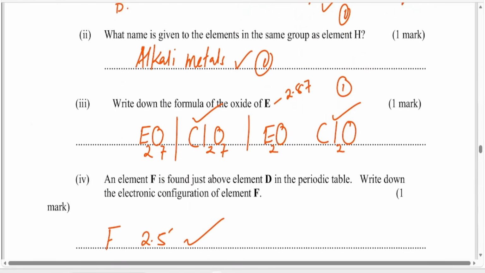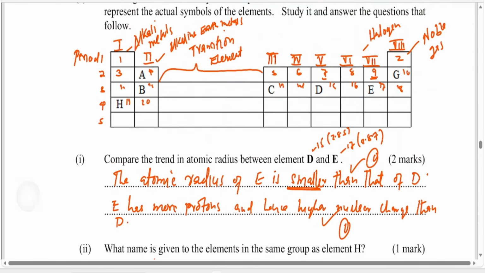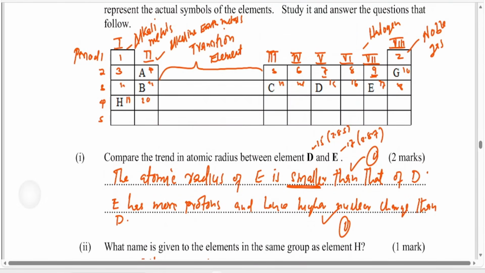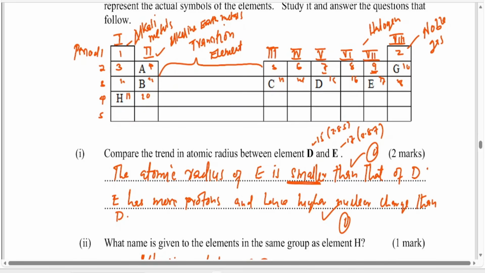Give two uses of G. G is position number 10. It's a noble gas. It's supposed to be neon.